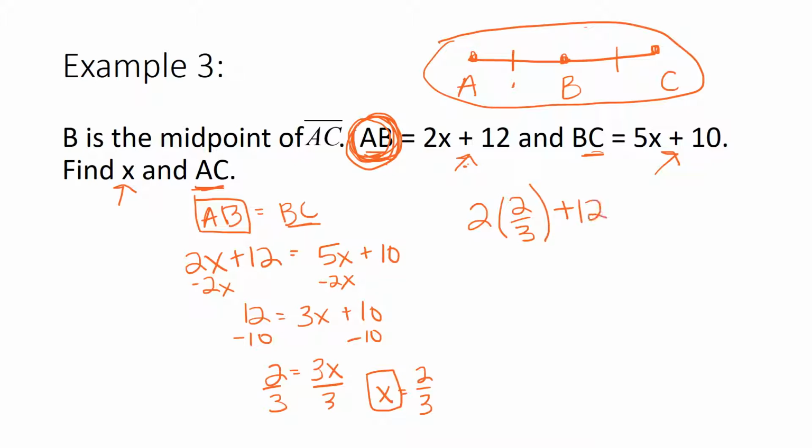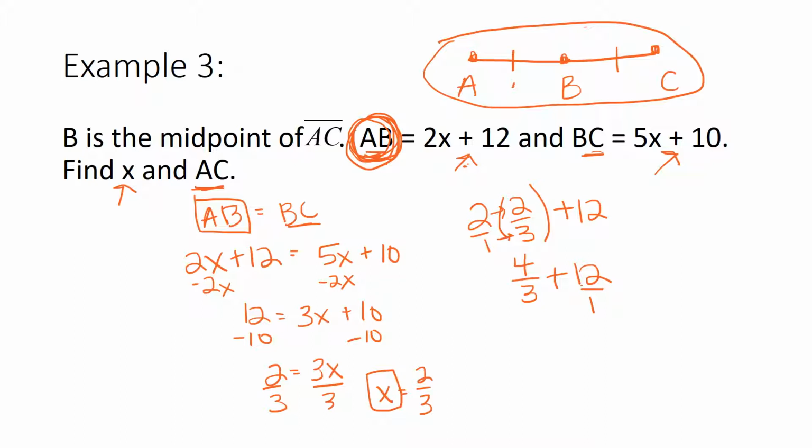plus 12. Okay, so now I'm multiplying fractions. How do we multiply fractions? Multiply straight across. So I'm going to get 4/3 plus 12. Okay, but now I'm adding fractions. But 12 isn't a fraction, so I'm going to put 12/1. How do I add fractions? Can I just add straight across? Nope. I hope we're all saying nope.